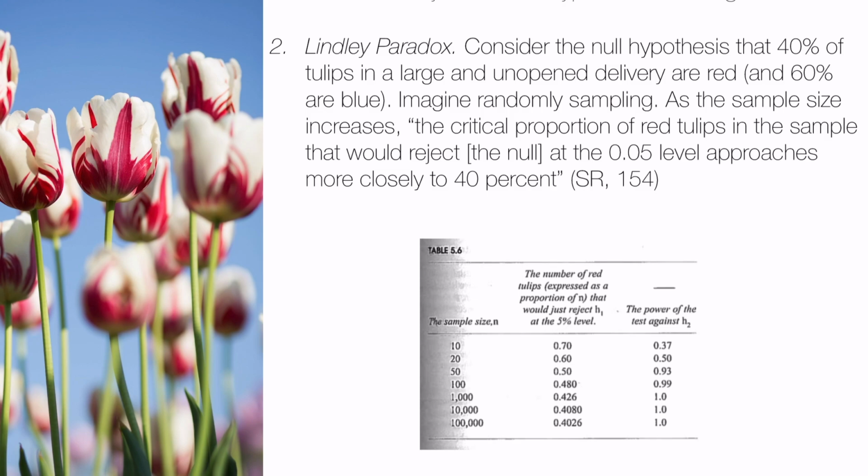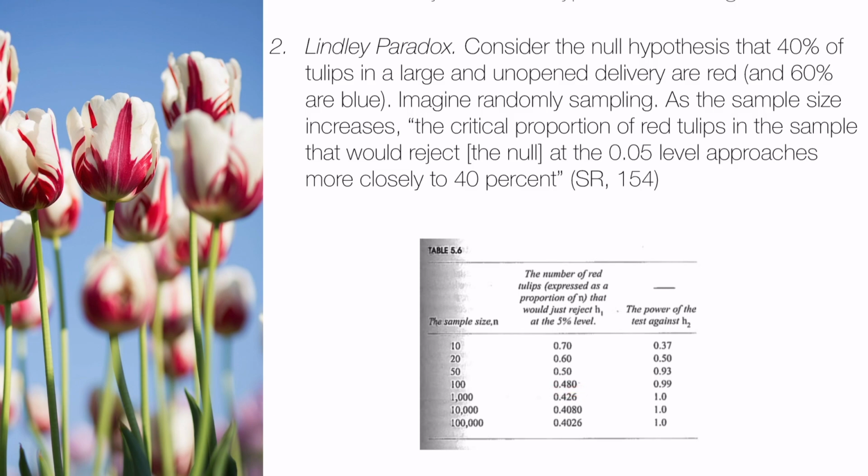And that pattern continues as you get a larger and larger sample. So, consider going to a sample size of 100. The sample proportion that would cause you to reject the null hypothesis is now 48%.